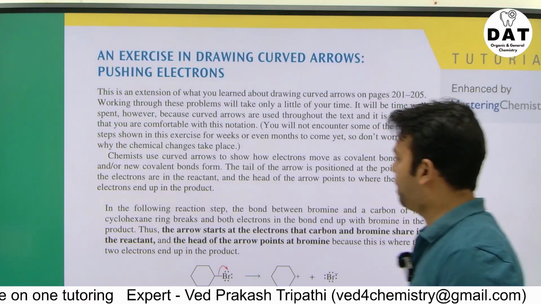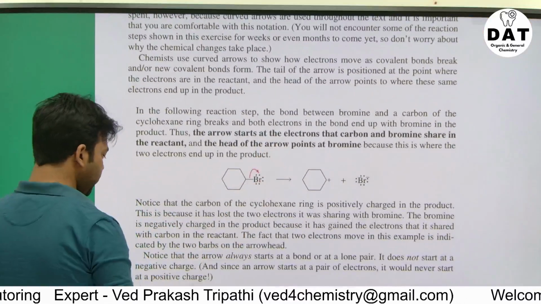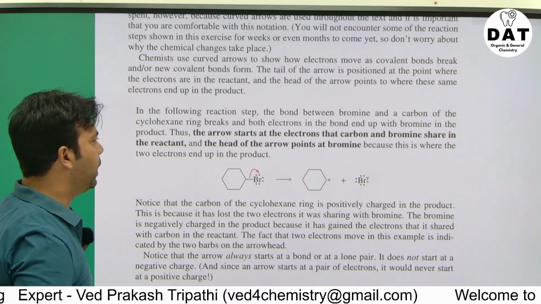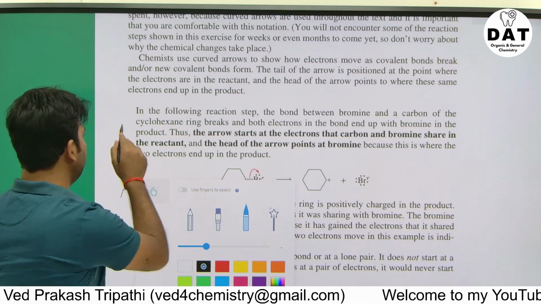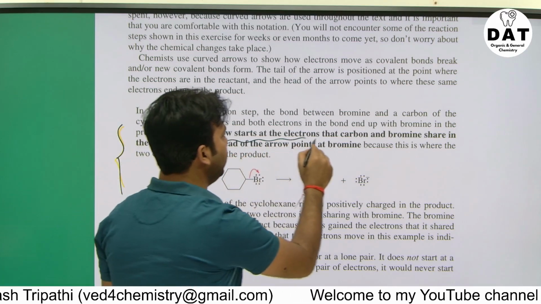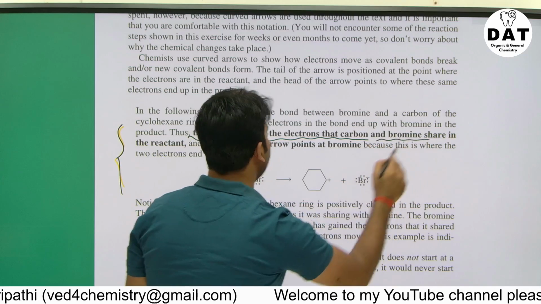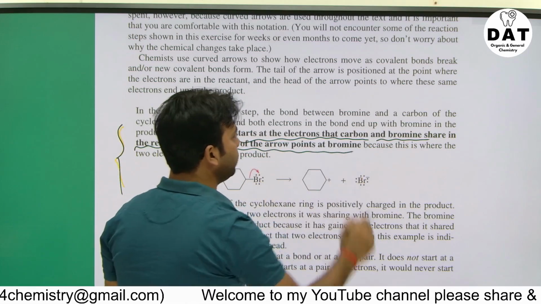So here, in this paragraph, the only important line is this one. It is saying the arrow starts at the electron that carbon and bromine share in the reactant, and the head of the arrow points at the bromine.